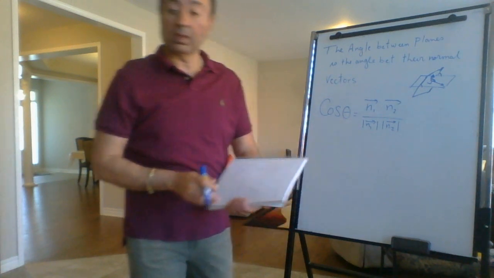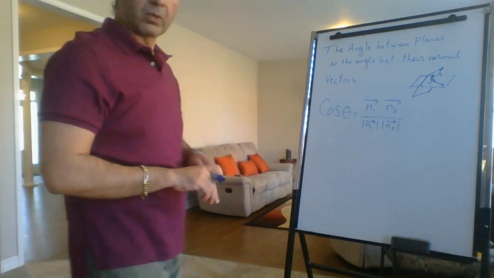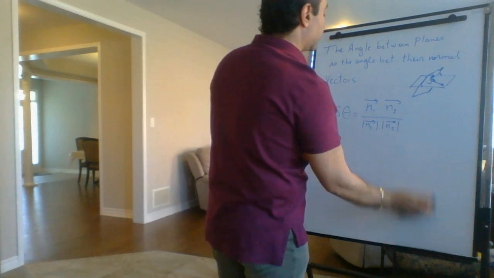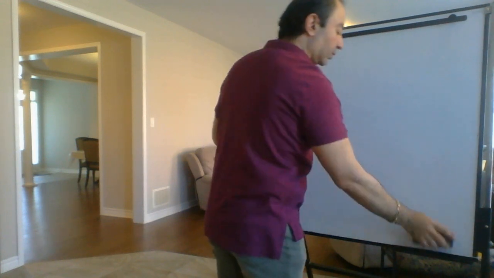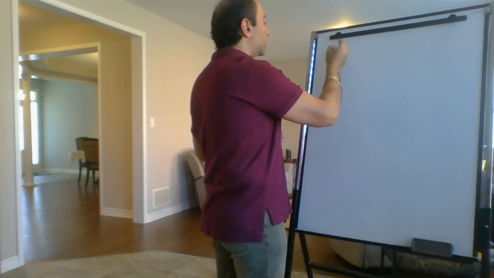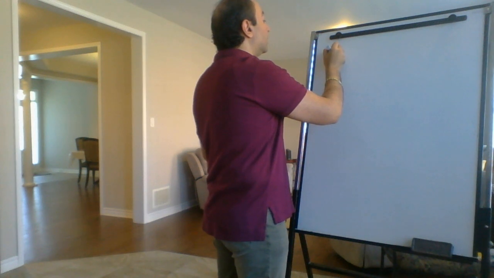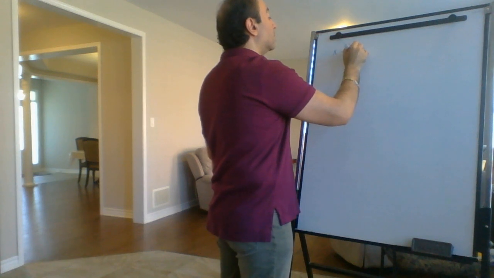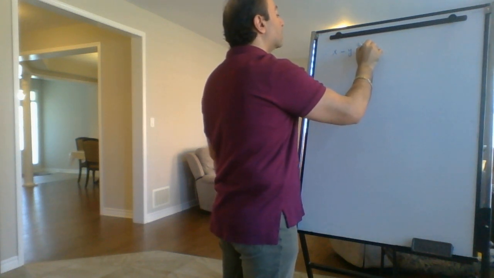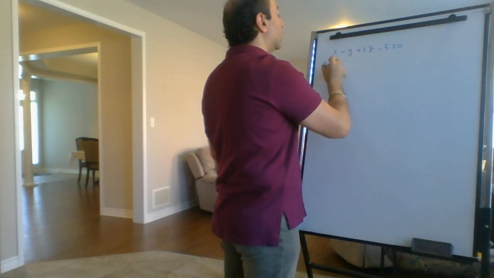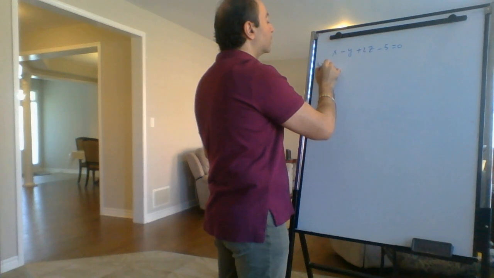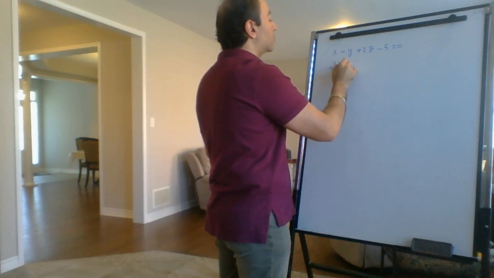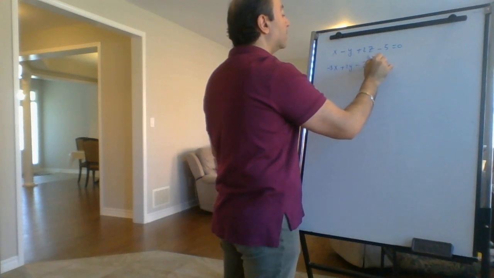Okay, so if I give you the equations of two planes and I ask you to find the angle between them, so let's say I give you a plane x minus y plus 2z minus 5 equals 0, and another plane that is negative 3x plus 2y minus z minus 1 equals 0.